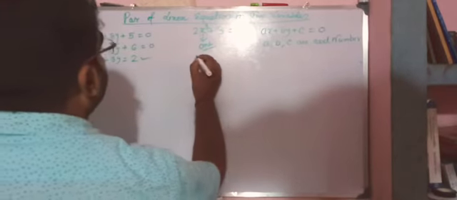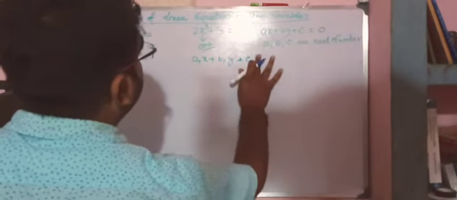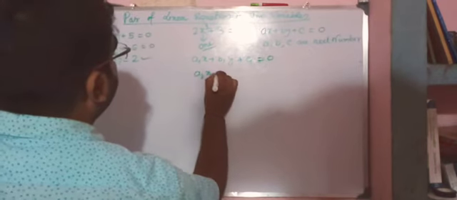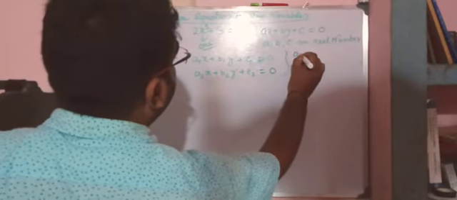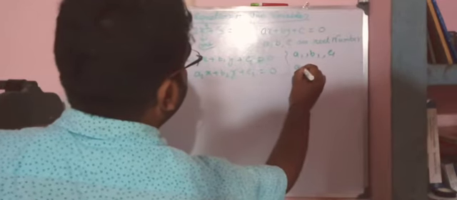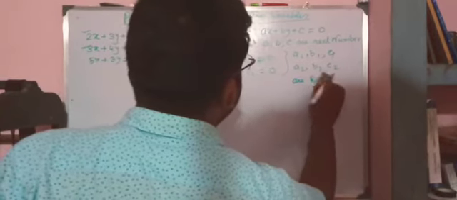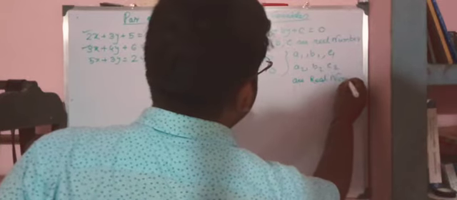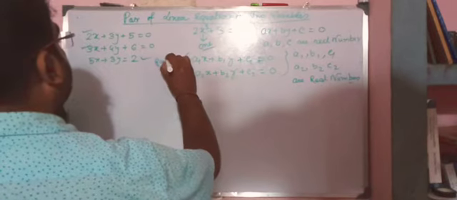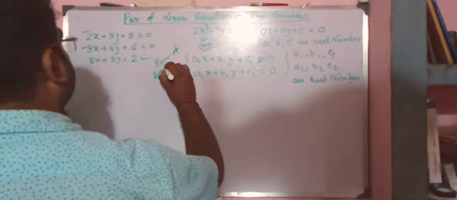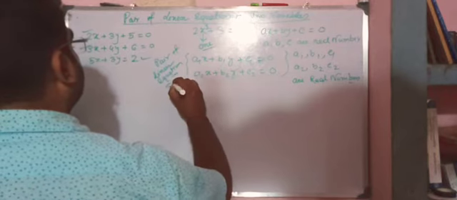That is, if we take a1x plus b1y plus c1 equals to 0 and a2x plus b2y plus c2 equals to 0, where a1, b1, c1 and a2, b2, c2 are real numbers, then these are called pair of linear equation in two variable.